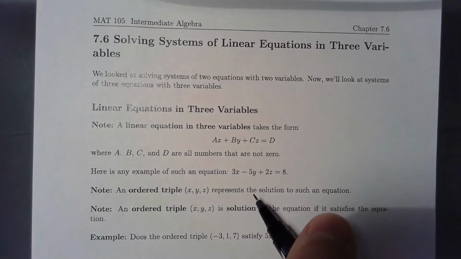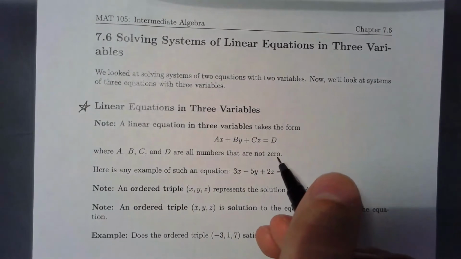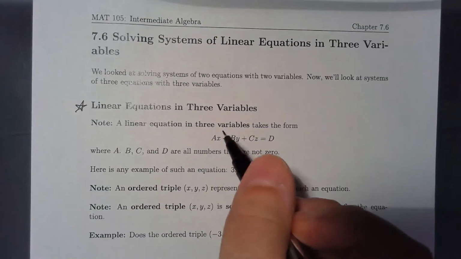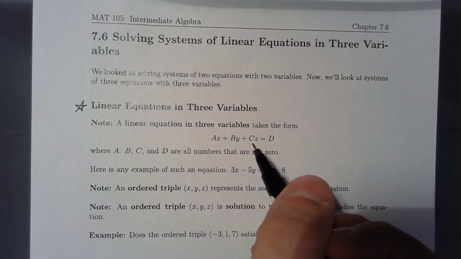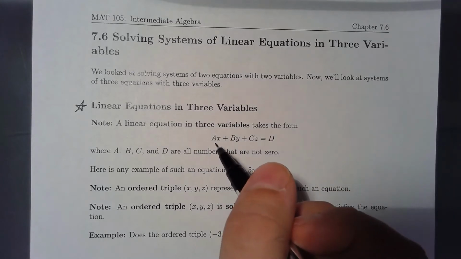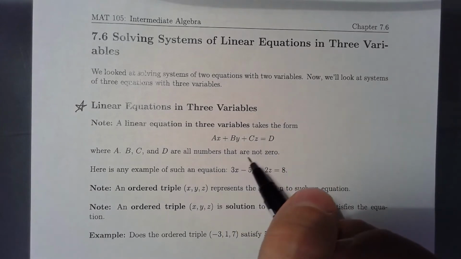So what does a linear equation look like? A linear equation in three variables takes this form: ax plus by plus cz equals d. And the letters a, b, c, and d are all numbers that are not zero.